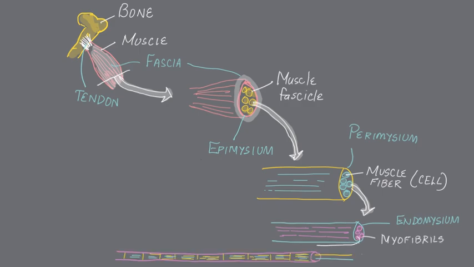And inside the muscle fiber are even smaller units called myofibrils. Each myofibril is made up of thin and thick filaments called myofilaments, shown in yellow and blue. Each myofibril is made up of repeating units called sarcomeres, and these are the units of muscle contraction.